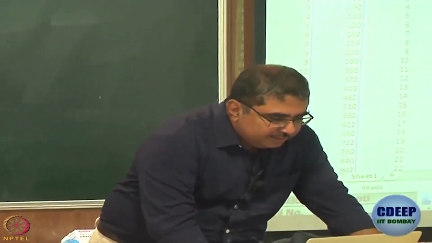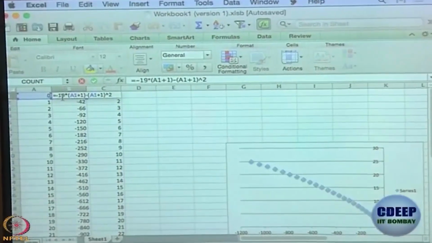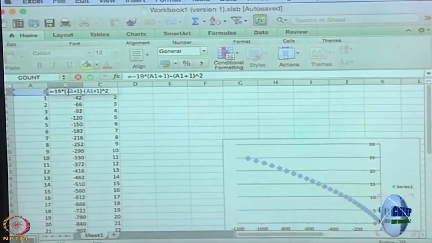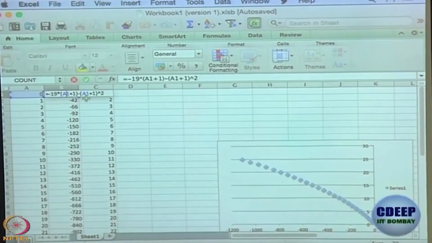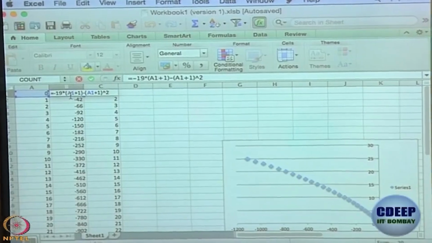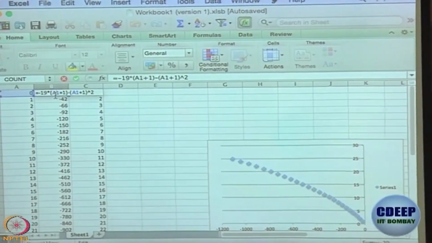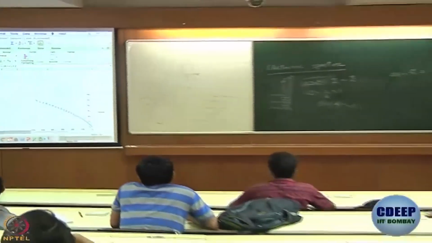If you see, these are the J values, and column C is J plus 1. So this one is 19 into A1 plus 1, well A1 plus 1 is just C, minus A1 plus 1 whole square. The way I have drawn it, I have taken B dash and B to be 9 and 10 respectively, right.